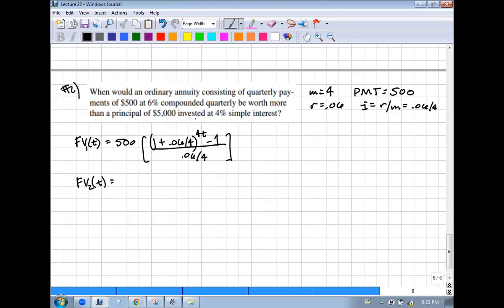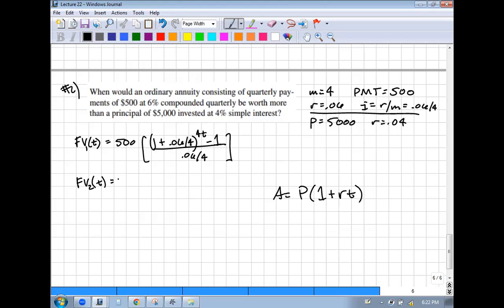This one's a function of time. So the second one is P is 5,000 and R is 4%. Simple interest here. Oh, that's a good question. All right. So what is simple interest? The amount is principal times 1 plus RT.